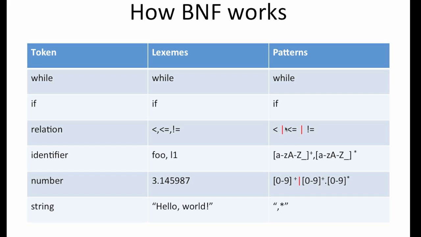What I'm circling over here is an or. So these are all relations. So the options are less than, more than, or equal to, or this exclamation with an equal to sign means not equal to. So that's a relation basically.